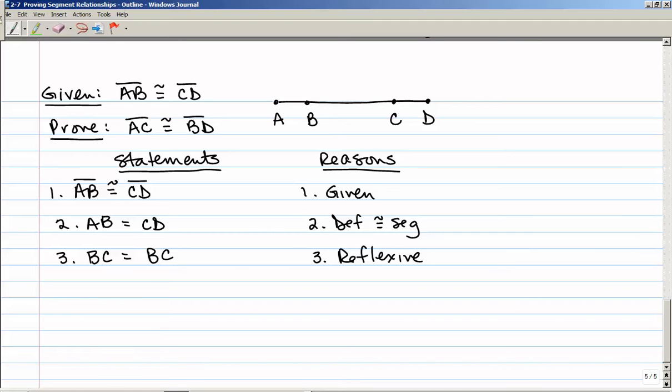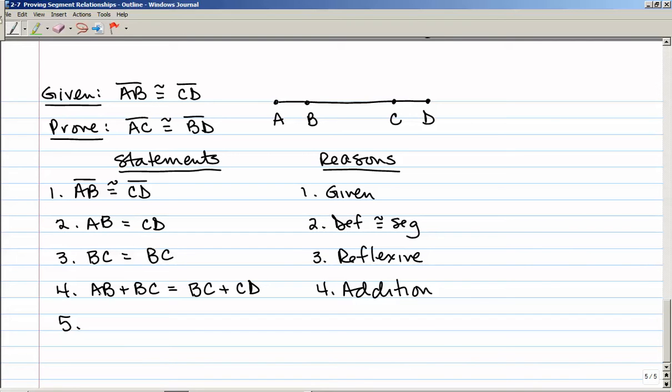Now that I've stated that BC is equal to itself, I can add it to both sides of the previous equation. So I'm going to take AB and add a BC to it. And I'm going to take this CD and add a BC to it. And to make it look nice, I'm just going to put it in front. And that was the addition property, because I added a BC to both sides.